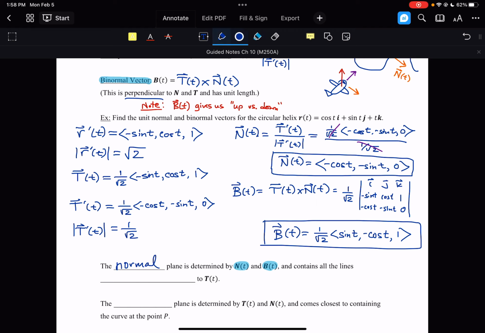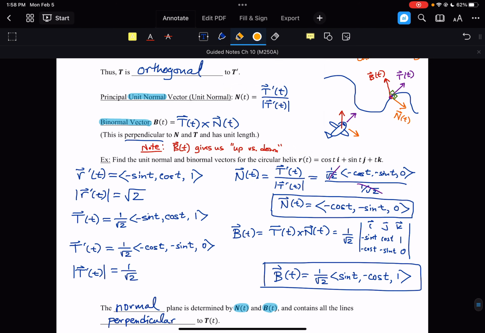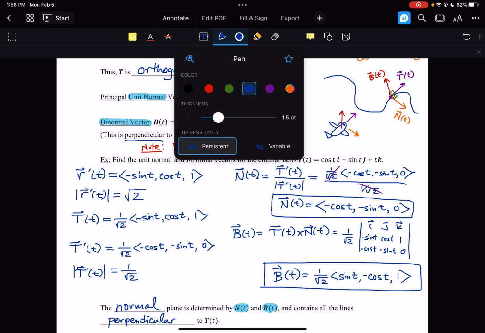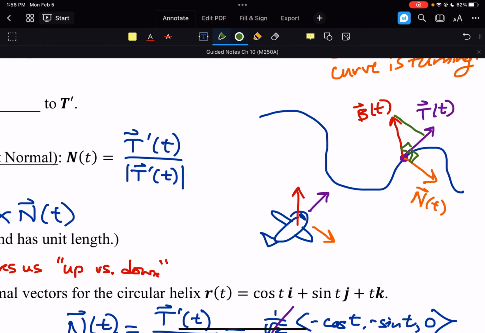This contains all lines perpendicular to T. It continues on in all directions, but this plane contains all lines that are orthogonal to T of t. So that plane is the normal plane.